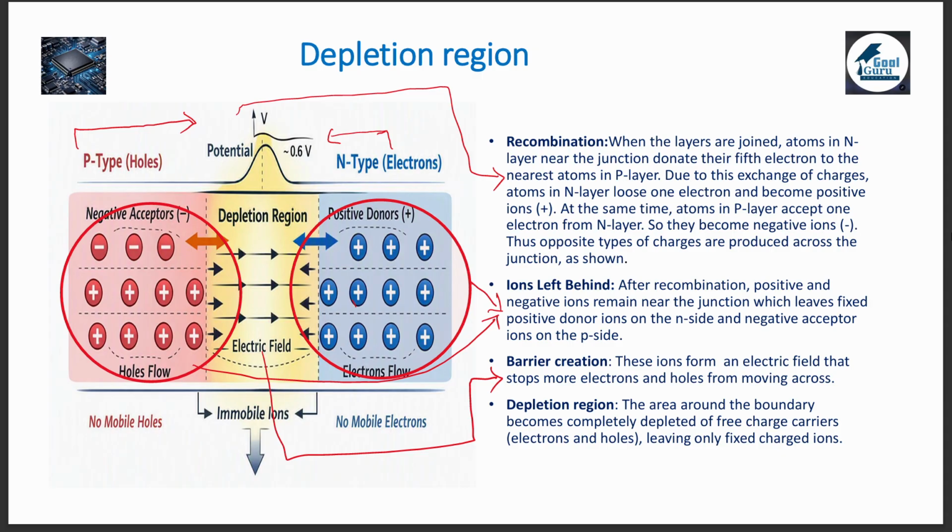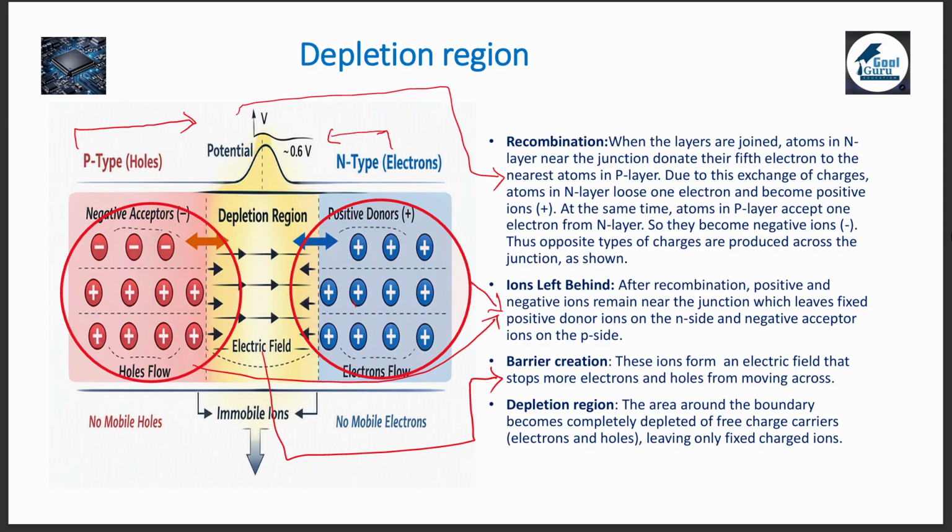Why? We've already seen there is excess of one electron because of the pentavalent impurity added. So, the fifth electron goes to the p layer. Likewise, atoms in the p layer accept electron from the n layer because there is one hole. So, they become negative ions.